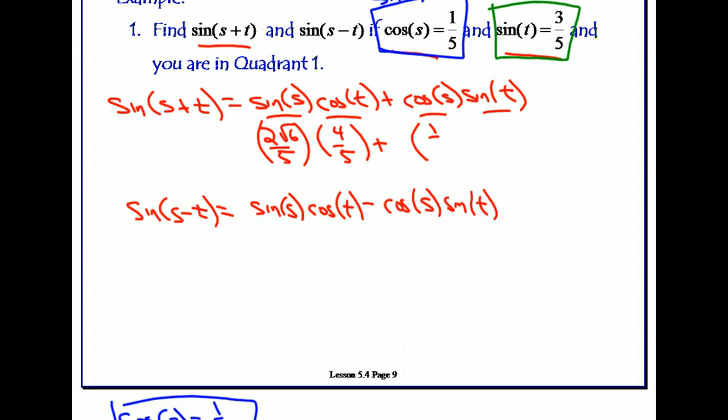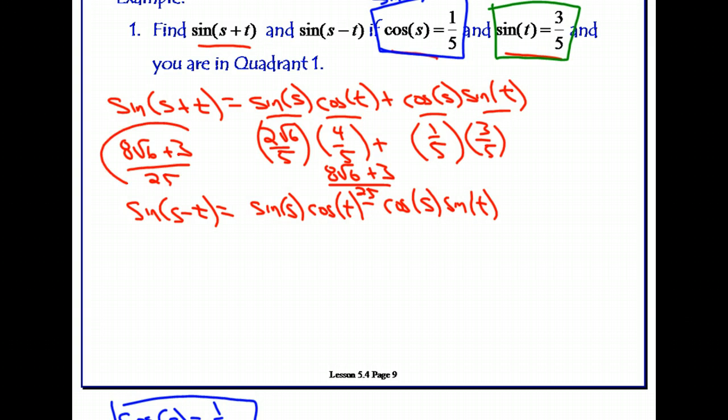Cosine of s is 1/5. And the sine of t is 3/5. Okay, fractions multiply the top. Got a little cramped for space. I think we can see it though. I got 8√6 plus 3, and the whole thing is over 25.